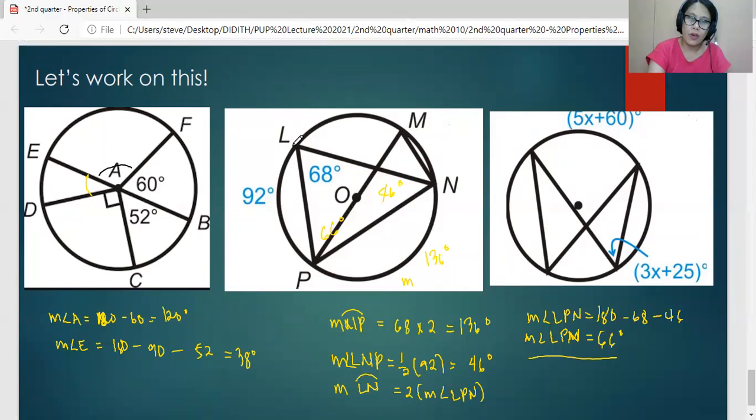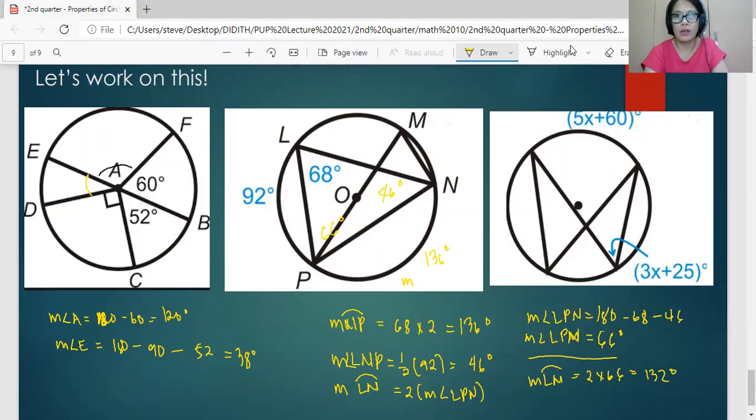So arc LN is equal to 66 times 2. So measure of arc LN equals 2 times 66, which is equal to 132 degrees. Now for this one, this is an inscribed angle, while this one is its intercepted arc.